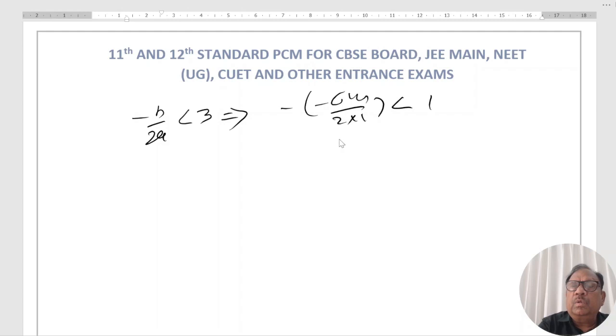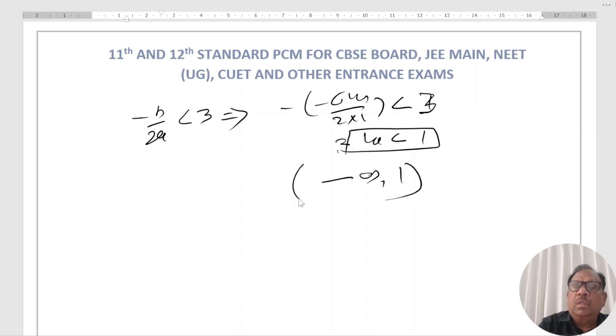So this comes out to be, this is less than 3. So on simplification, m less than 1. Less than 1 means minus infinity to 1. This is the third answer.